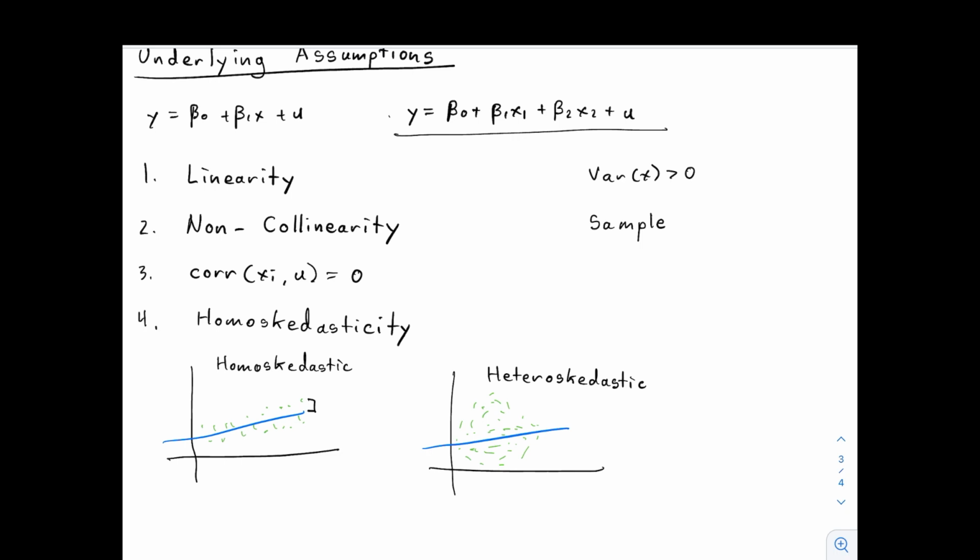So to give you an example of that, let's say we're trying to predict someone's income, and if the only thing that we try to use to predict someone's income is, let's just say, their number of years of work experience, well, we know that it would typically make sense to include someone's level of education as well, right?